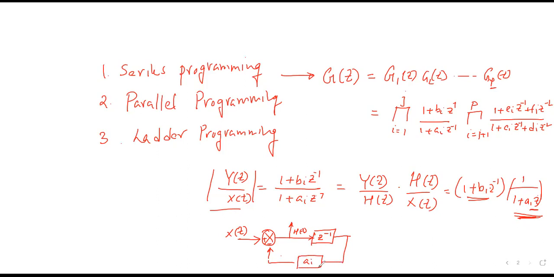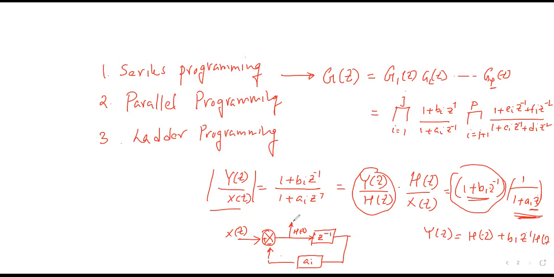Then this is your feedback, and then your output will be basically one. We are taking this one with this one, so ultimately your output Y(z) will be H(z) plus b_i z^-1 H(z).